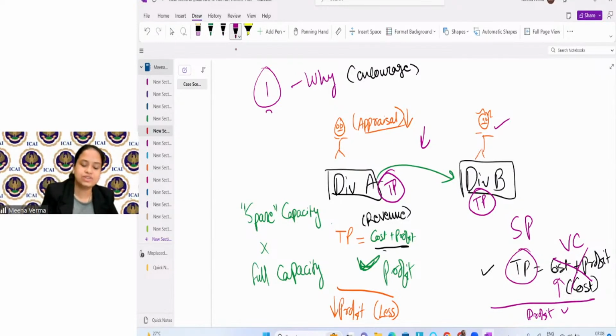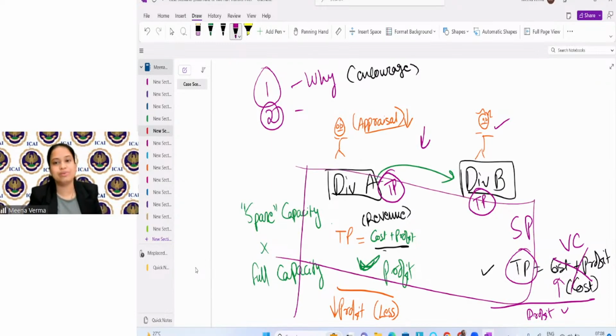And what is the second reason, ma'am? The point is that we are considering this transfer pricing just for the appraisal. Otherwise, overall, the calculation will be different. Obviously, you know the transfer pricing doesn't affect the overall profitability of the company. Whatever transfer pricing you decide here is just for finding the profitability of the respective division, on the basis of which the appraisal can be given to the respective managers.